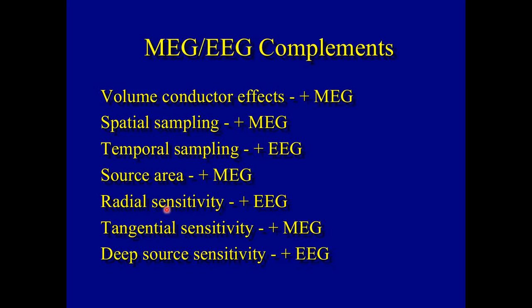EEG has superior temporal sampling, not on the short side, but on the long side, being able to record days or weeks. MEG is superior in source area. It can see smaller sources. EEG is superior for radial sources, MEG for tangential sources, and theoretically EEG for deep sources. So you can see wherever there is a weakness of one technique, that's the strength of the other. Put the two together, and you have a very complementary diagnostic system.